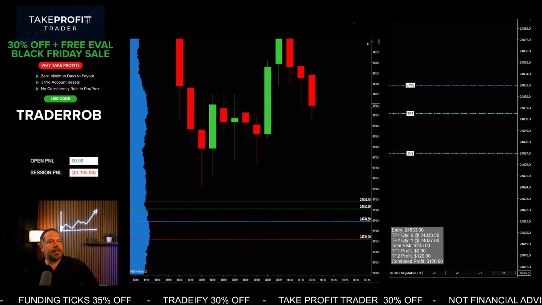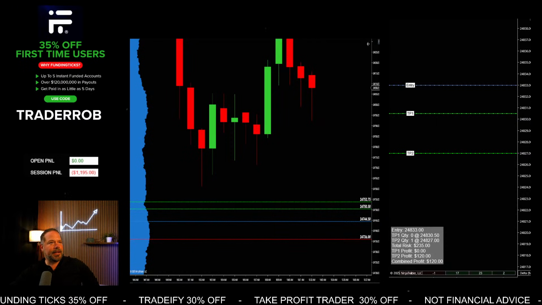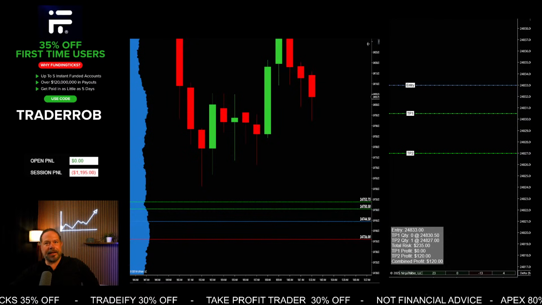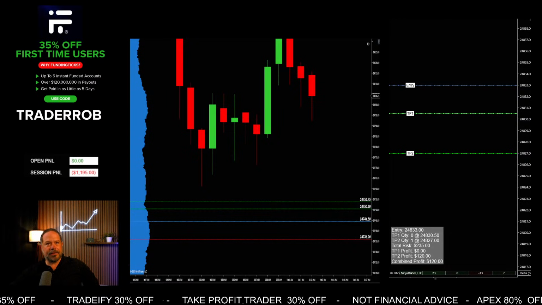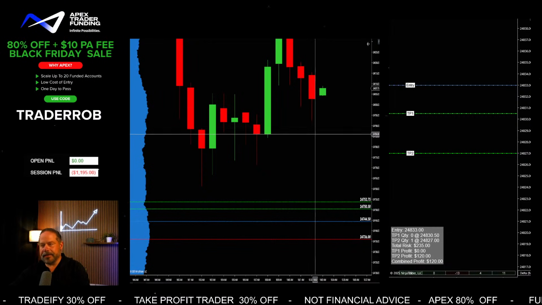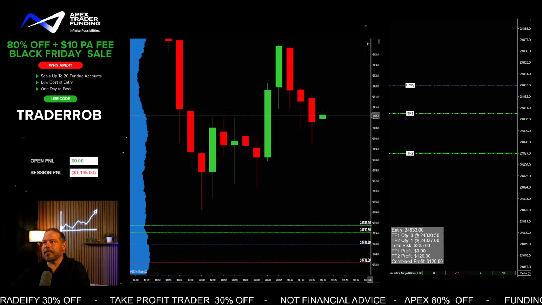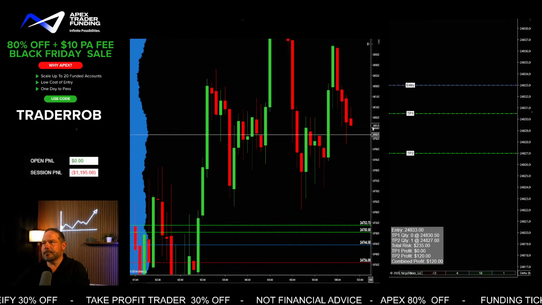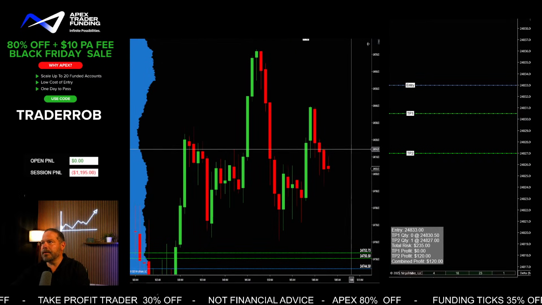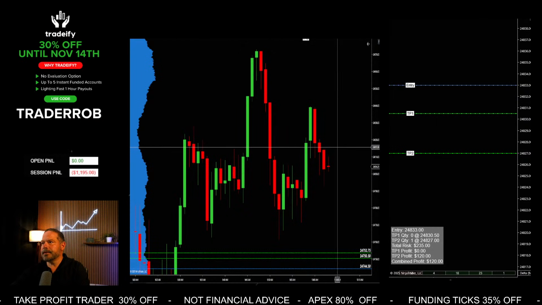So, I mean, I didn't want to say anything because today's not been the day of saying things, but the big target on that was the 24,815. That was the unbalanced volume to the downside. So that would have been right around here. Right here at this line.